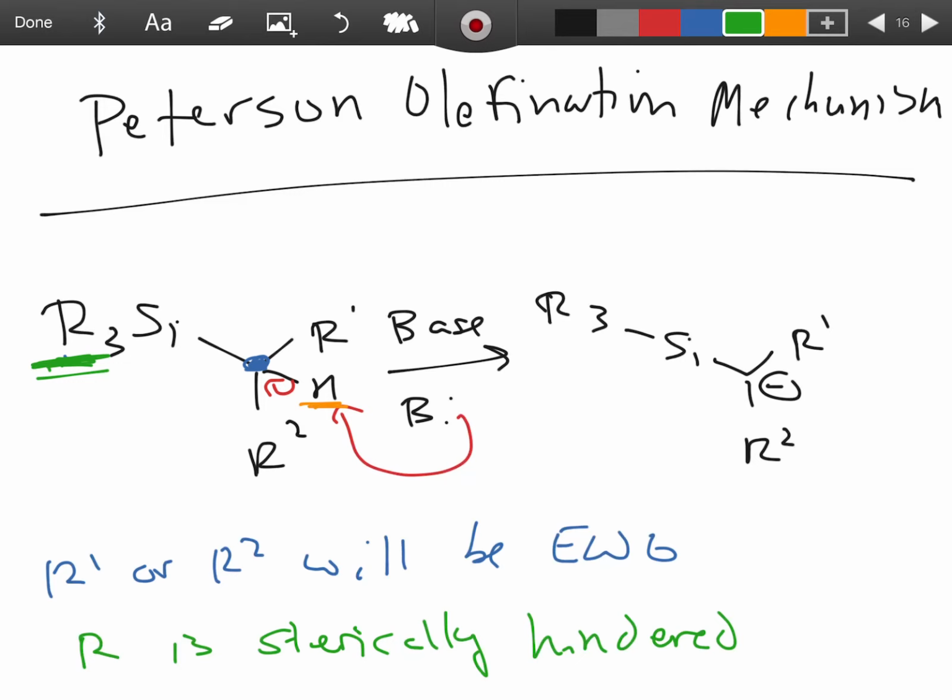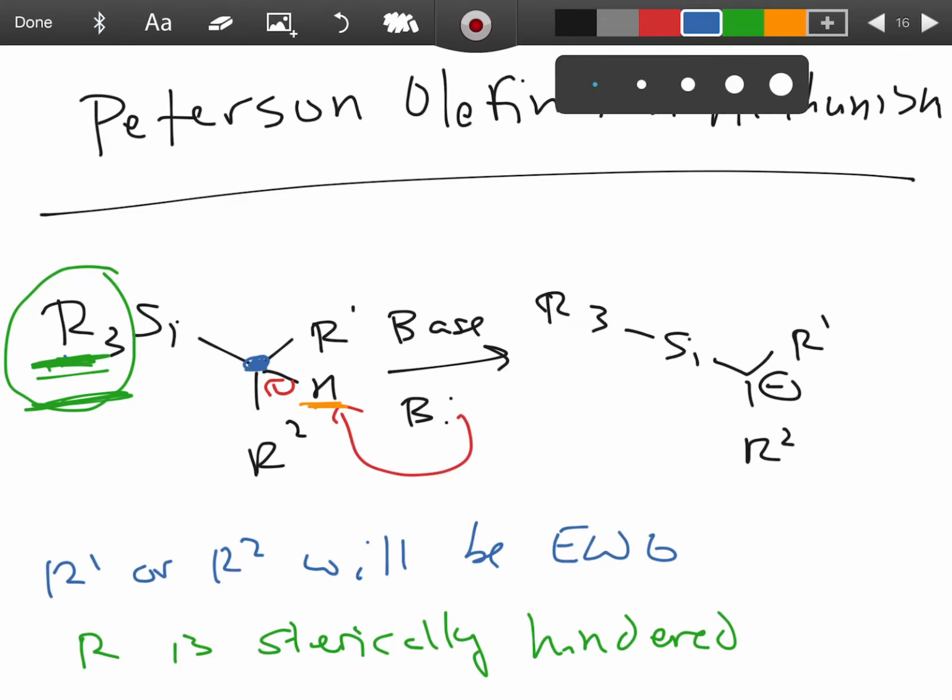So basically you make this side really big, so it's hard for a reagent to get to one of those hydrogens. So then the only hydrogen left for it to react with is the hydrogen you want removed. So you've got to differentiate these carbons on your silicon from the carbon that you want to react with on your silicon.